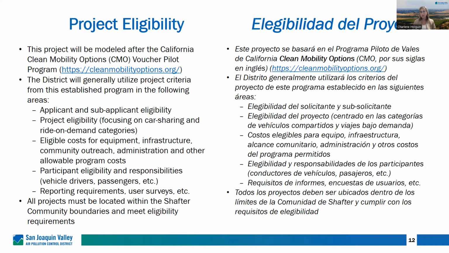We have outlined some of the criteria, and that is applicant and sub-applicant eligibility, project eligibility, of course, focusing on car sharing and ride-on-demand categories, eligible cost for the project, including equipment, community outreach, administration, and other costs, participant eligibility and responsibility for the vehicle drivers and passengers. And once again, all projects must be located in the Shafter community boundaries and meet all of the eligibility requirements.